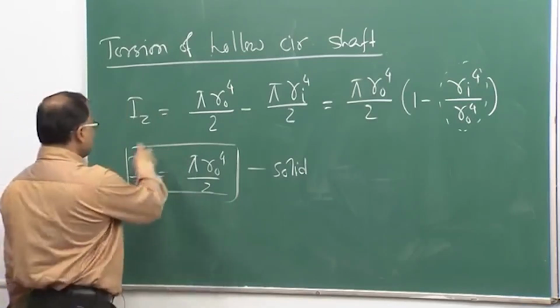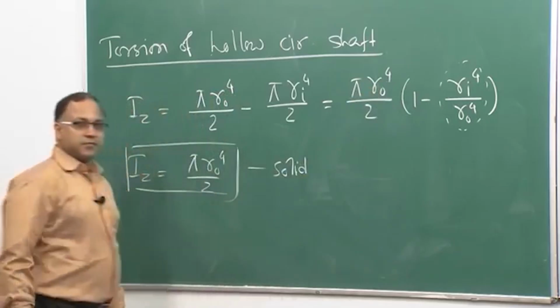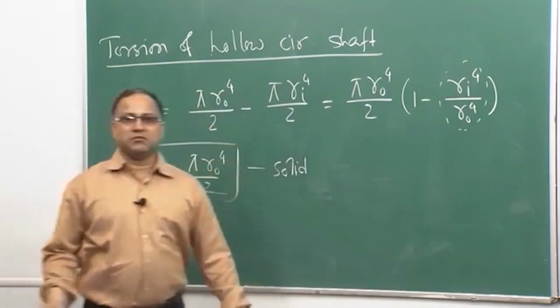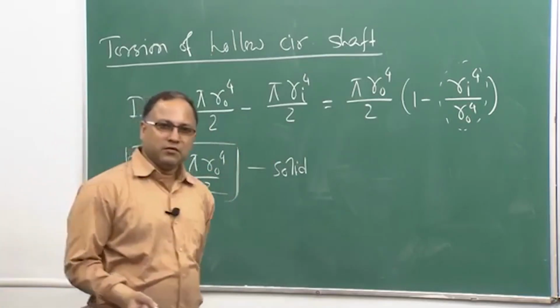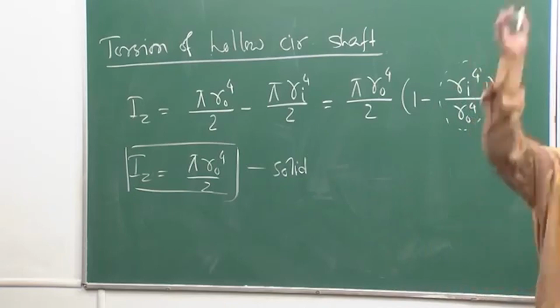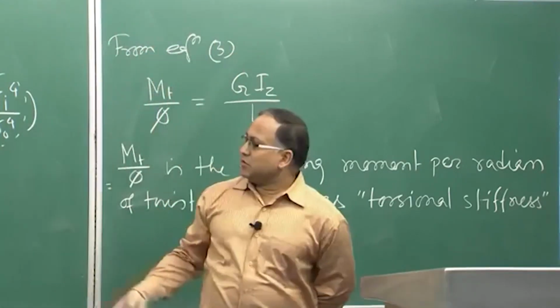For hollow, the polar moment of inertia takes the expression like this. Now, this part is very negligible, isn't it? Ri by Ro with the fourth power is very negligible.